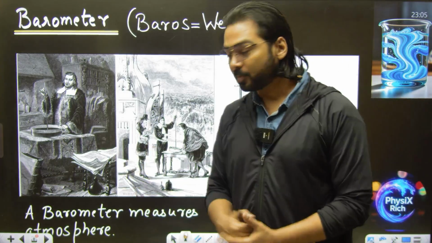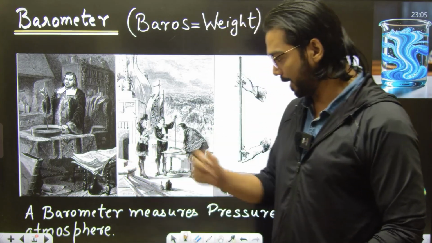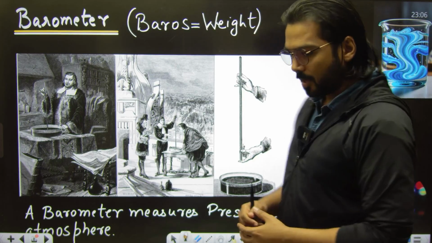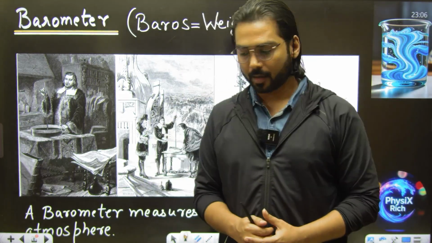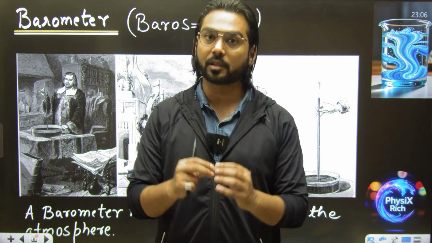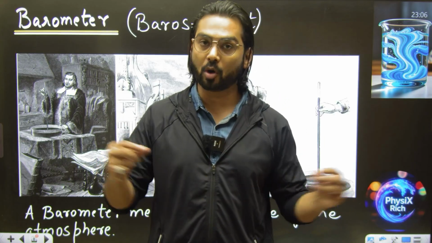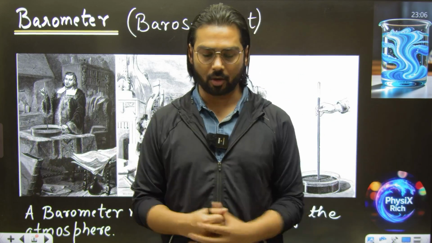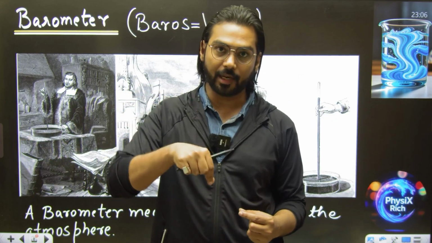But this person, Torricelli, okay? Now, this person figured out that if I take a very long glass tube of sufficient length, perhaps 1 meter long, and start filling mercury in it.